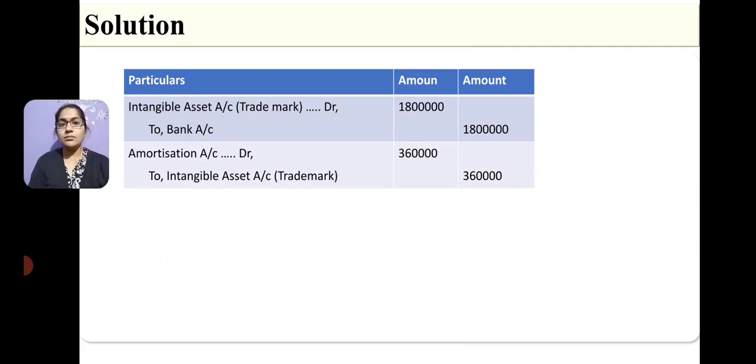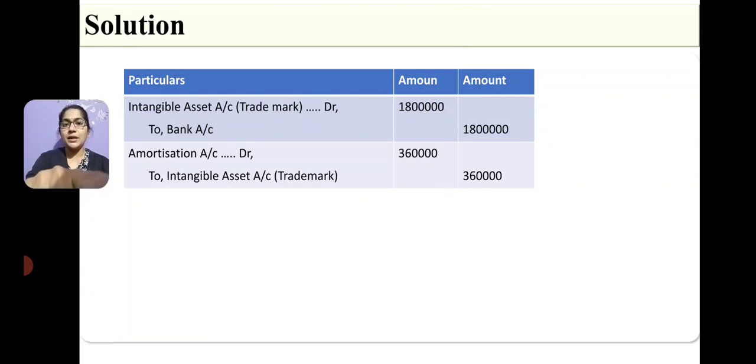So, let us see the journal entry. The first entry is when we are acquiring the trademark: debit intangible asset account and credit the bank with the amount that we are actually paying, that is 18 lakhs in this case. Then the second entry is at the end of the year when we are amortizing it. Here for amortizing it we have to consider the number of years.